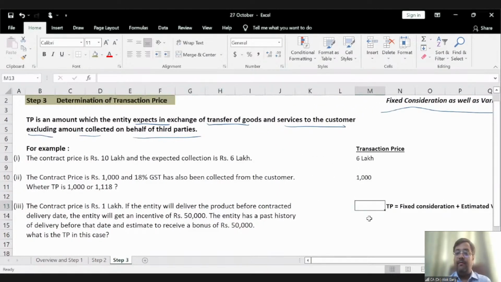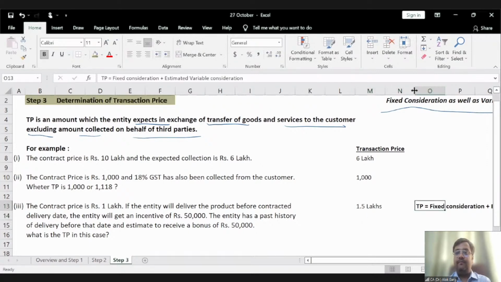Clear? Fixed consideration plus estimated variable consideration. In this case, what will be the transaction price? The transaction price will be 1.5.